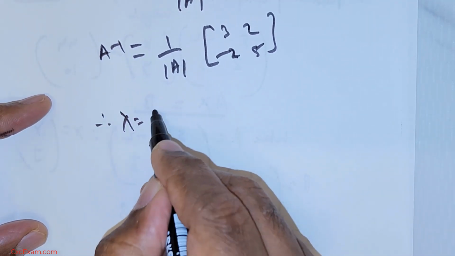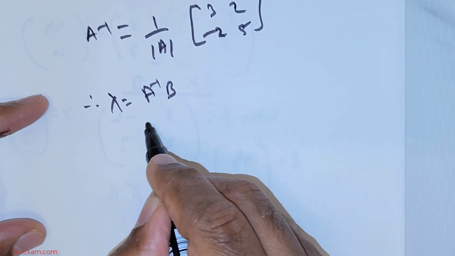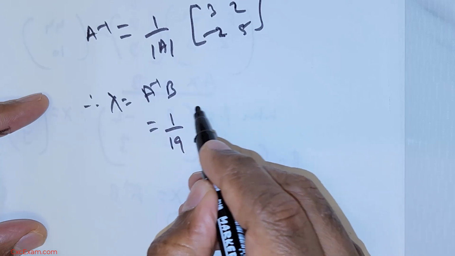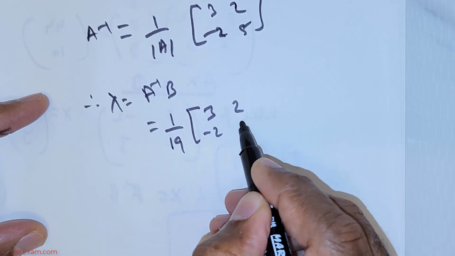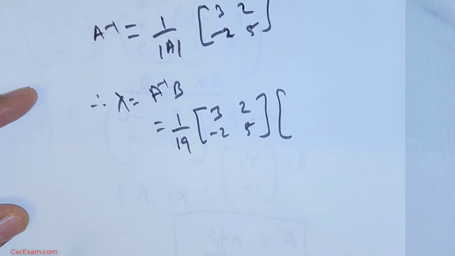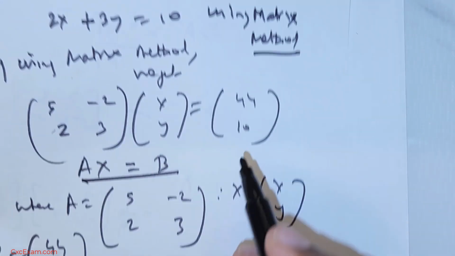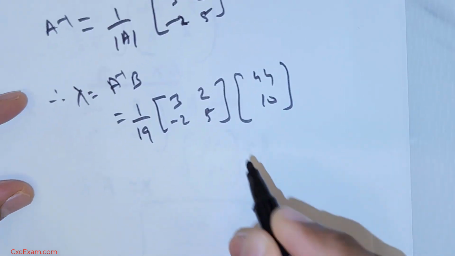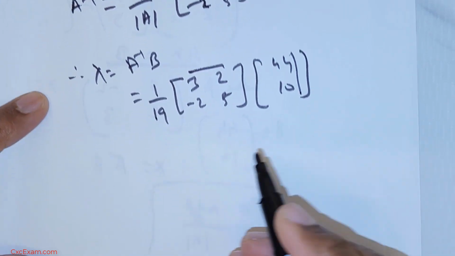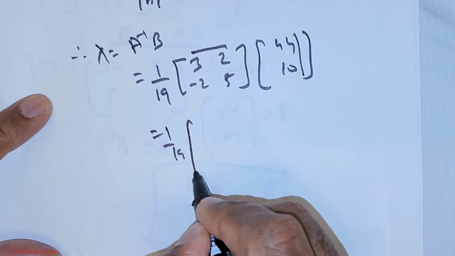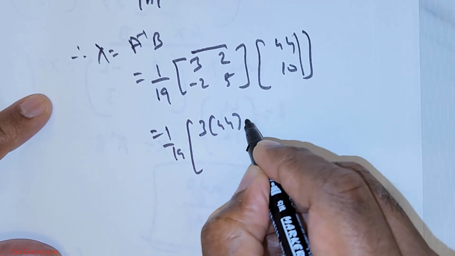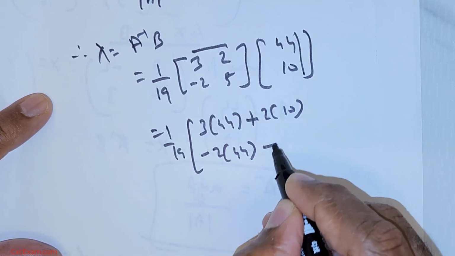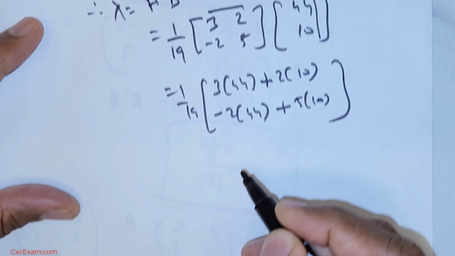So therefore X is going to be A inverse multiplied with B, which is 1 over 19 multiplied with [3, 2; -2, 5], and this is multiplied with B, which is [44; 10]. So the row goes with a column. So this is 1 over 19 times [3 multiplied with 44 plus 2 multiplied with 10; -2 multiplied with 44 plus 5 multiplied with 10].